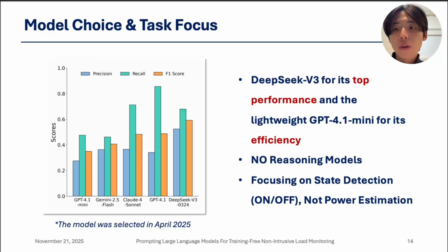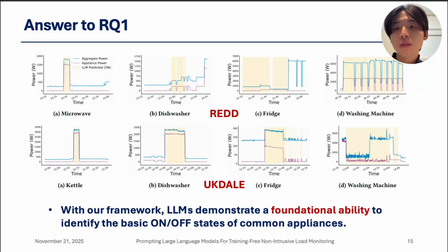Okay, now with the optimal prompt settings, we can finally run the large-scale experiments on the REDD and UK-DALE datasets to directly answer the three research questions. So the first one, the effectiveness. The first message is yes, large language models do have basic NILM capability.